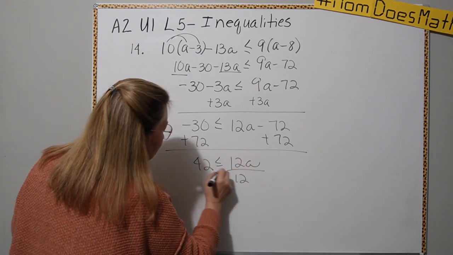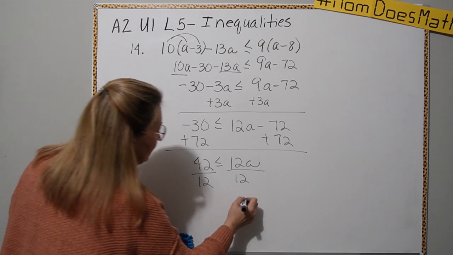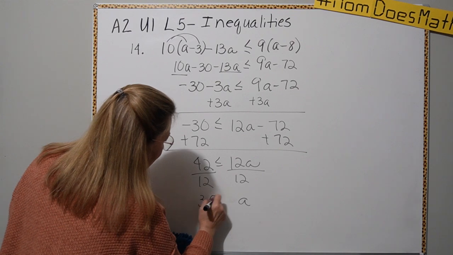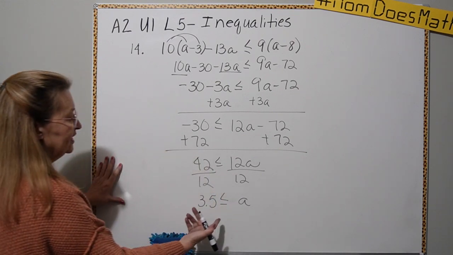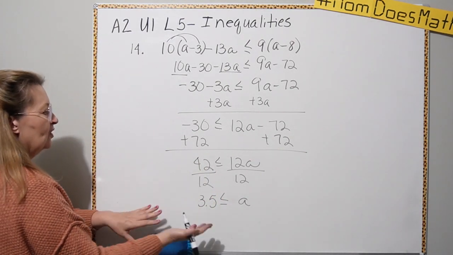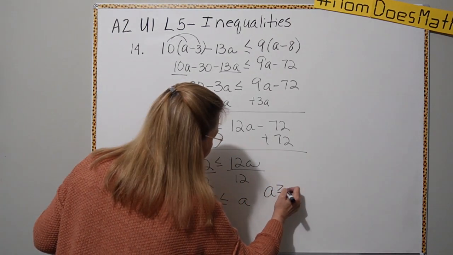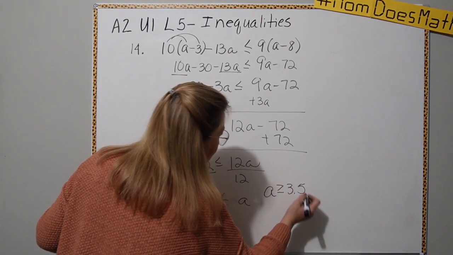And then I'll divide both sides by 12. So a is 3.5. Now, once again, this is backwards to me, so I'm going to flip it, invert it. So I'll have a is greater than or equal to 3.5.